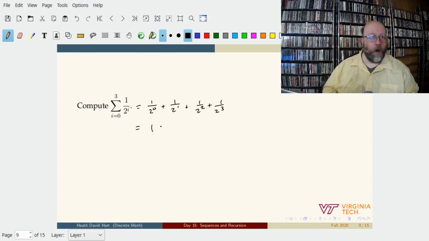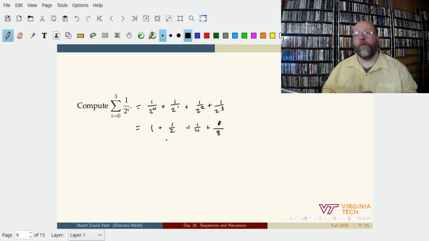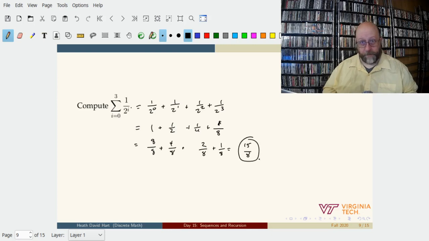This is 1 plus a half plus a fourth plus an eighth, which is, well, let's try putting everything in terms of eighths so we have a common denominator. 8 over 8 plus 4 over 8 plus 2 over 8 plus 1 over 8 is 15 over 8. Okay?